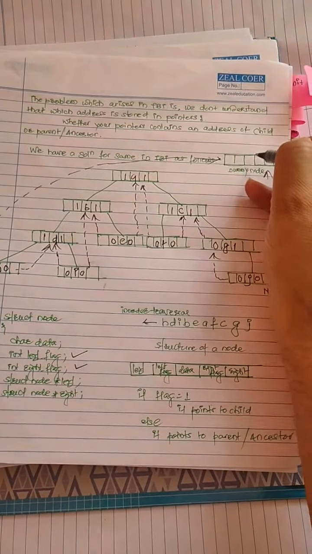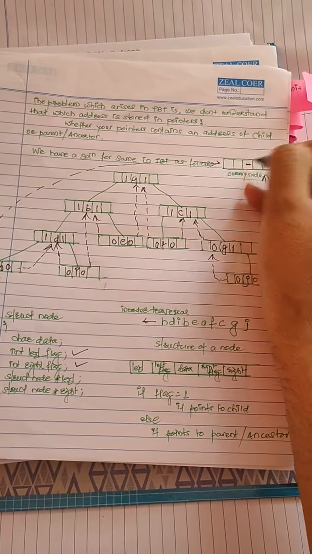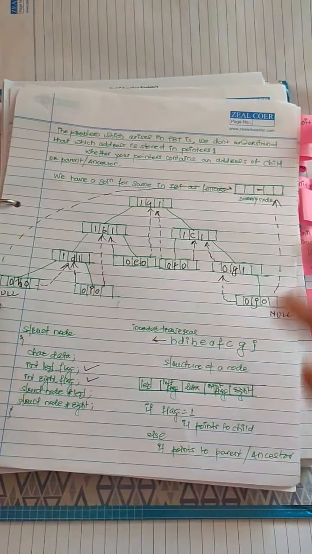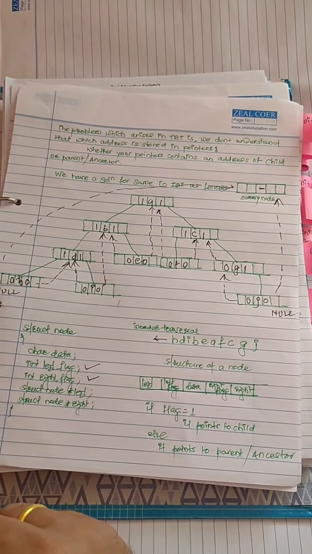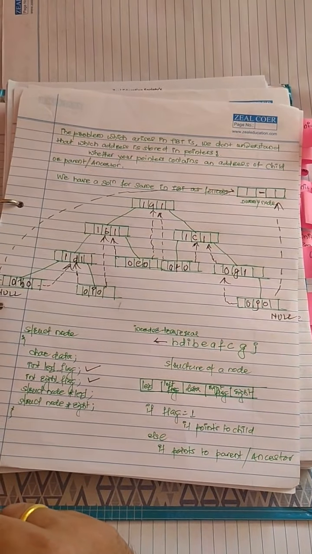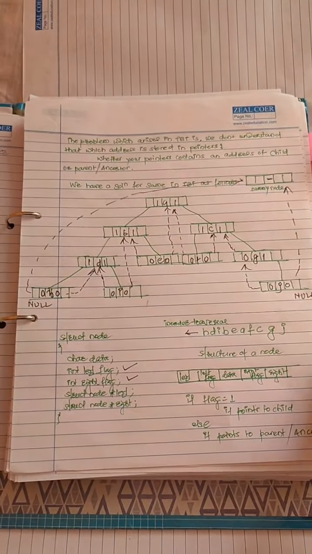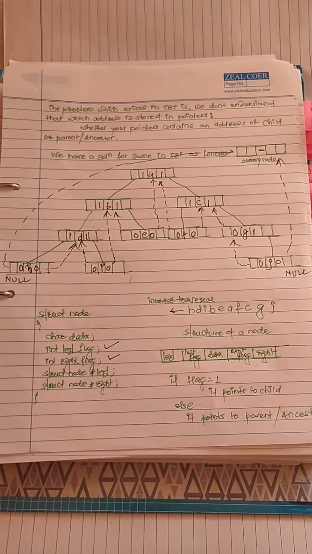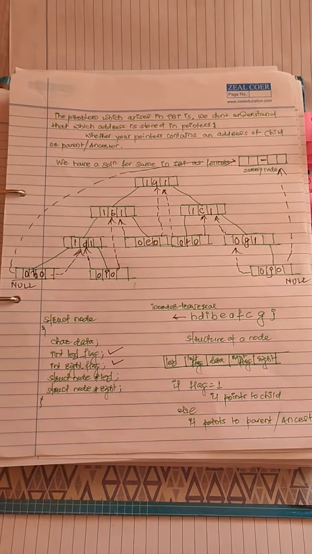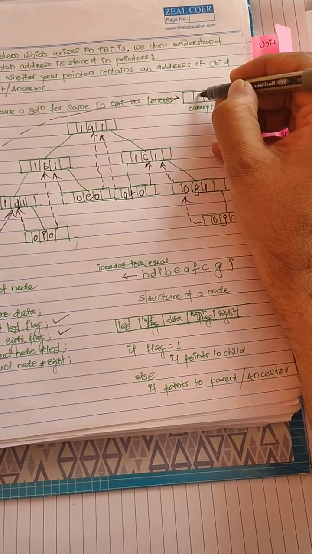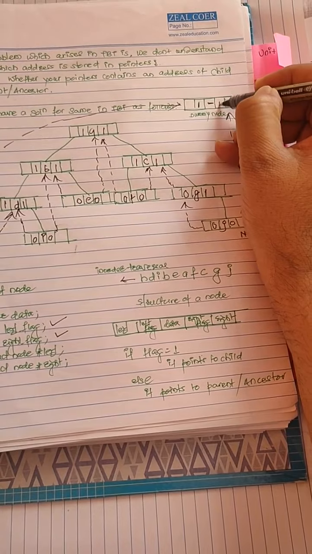My dummy node doesn't contain any value, and it doesn't have any child. Is it right? It doesn't have any child, correct? Then it doesn't contain any ancestor, right? It doesn't contain any ancestor. That's why the left and right flag of my dummy node should be equal to 1.